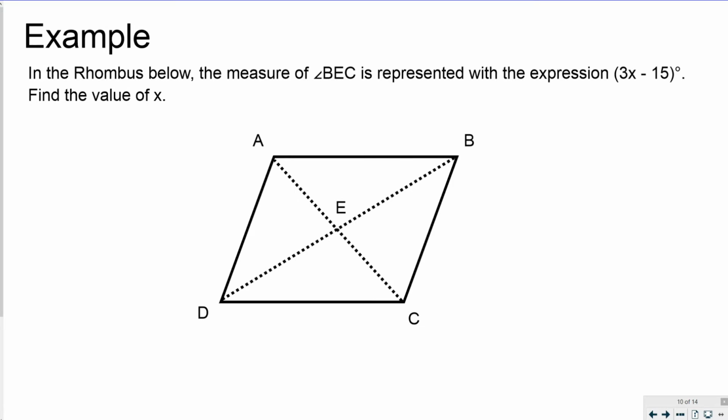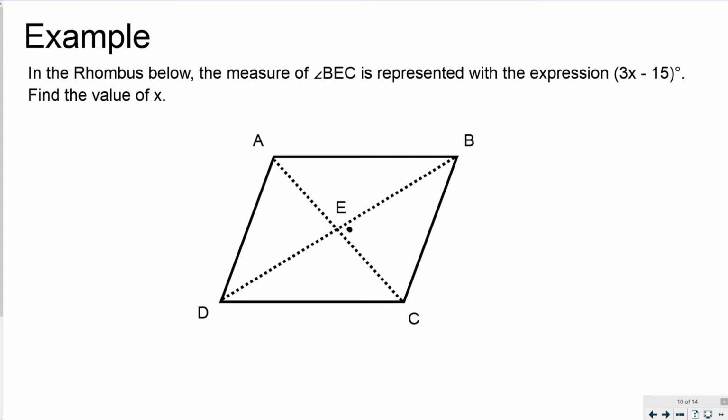Moving swiftly along, in the rhombus below, the measure of BEC, so angle BEC is here, this angle right here, is represented with the expression 3x minus 15, find the value of x.